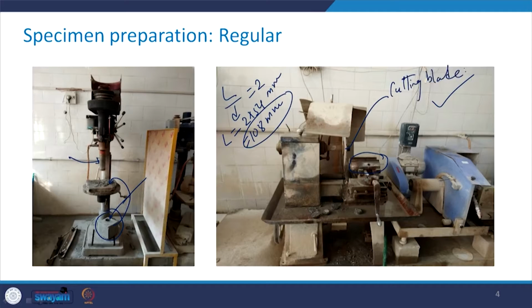It just cuts that specimen. So we have to fix it in such a manner that we have approximately the length that we require, and the remaining portion can be cut by this cutting blade. So this is how we get the desired L by D ratio of any regular cylindrical specimen.